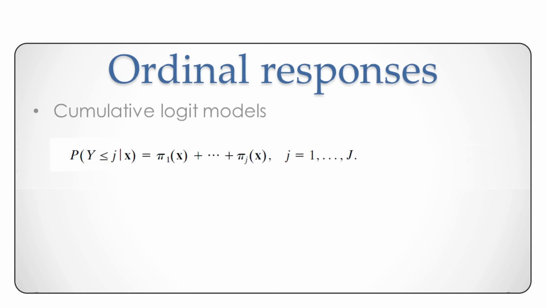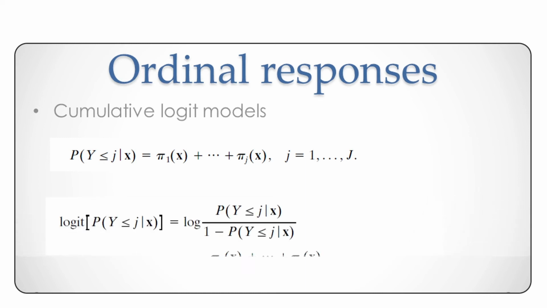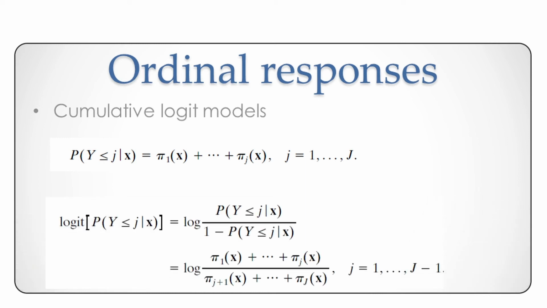Probability y less than or equal to j given x equals pi 1x up to pi jx for j equal to 1 to capital J, and then the cumulative logit is given by logit of probability y less than or equal to j given x, which is log of probability y less than or equal to j given x by 1 minus probability y less than or equal to j given x, which can be written in terms of the pi's as log of pi 1x up to pi jx divided by pi j plus 1 x up to pi capital Jx.